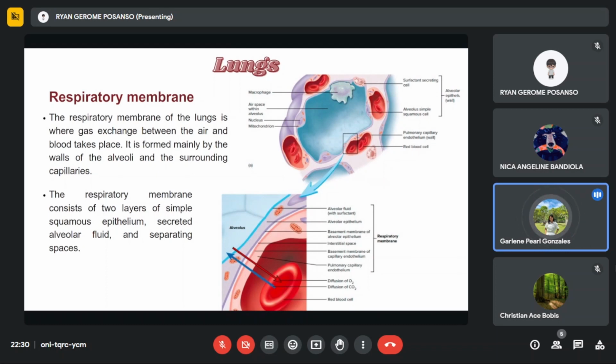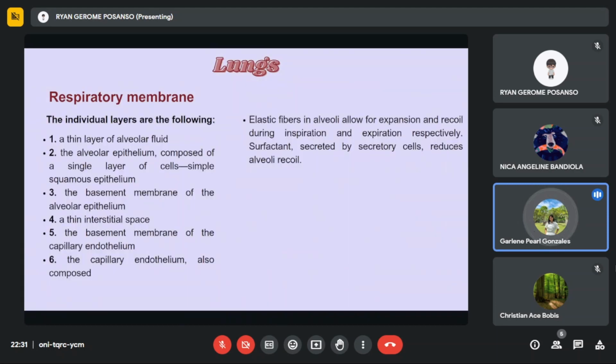You can see in the image the two layers of simple squamous epithelium.